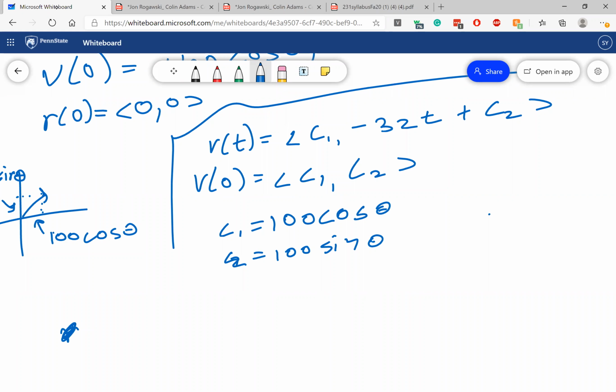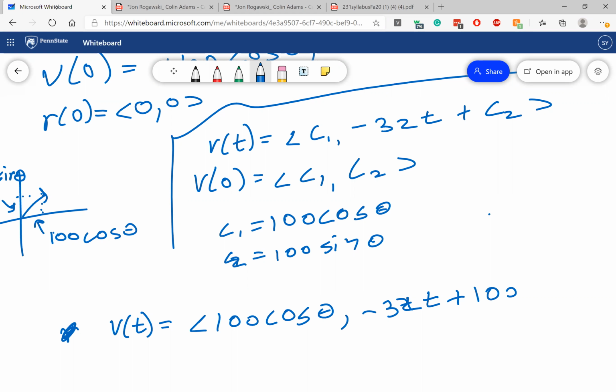So we get v(t) is going to be equal to 100 cosine theta, negative 32 t plus 100 sine theta.